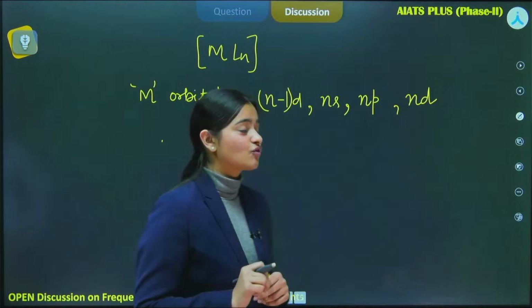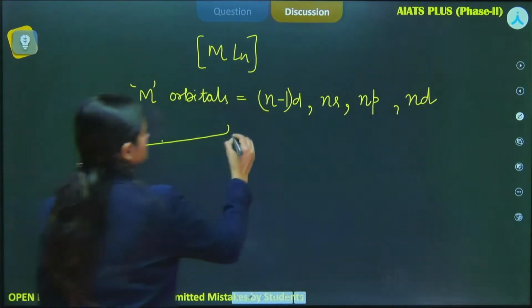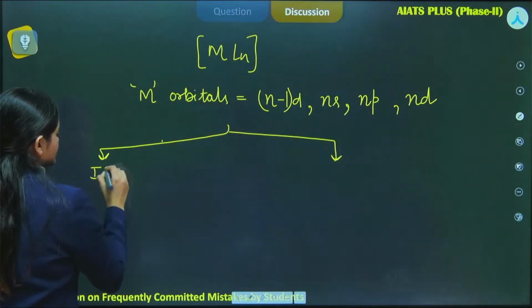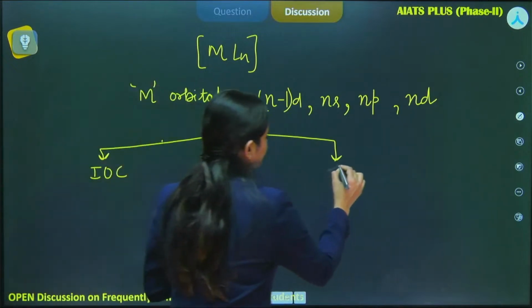So the two types of complexes that we get are inner orbital complex, I am writing it as just IOC, and outer orbital complex.